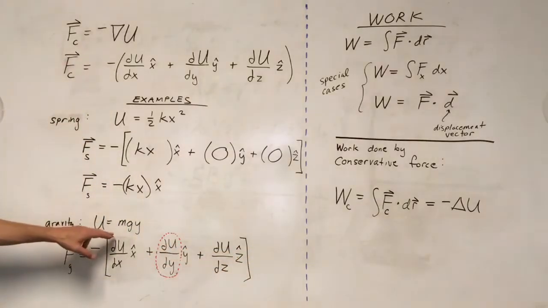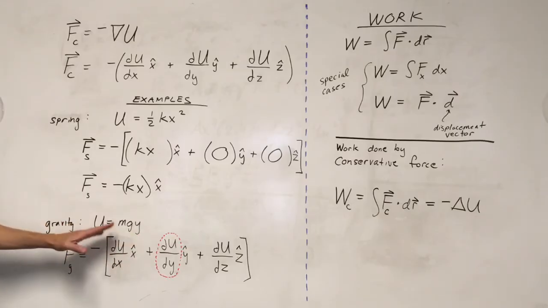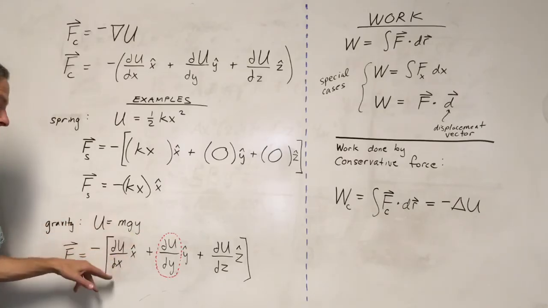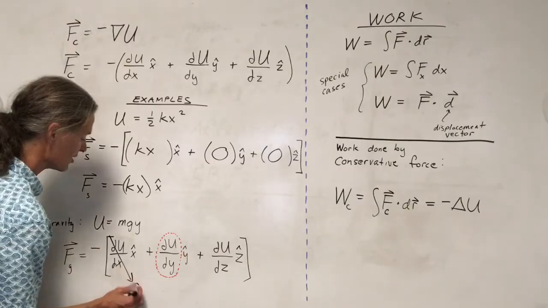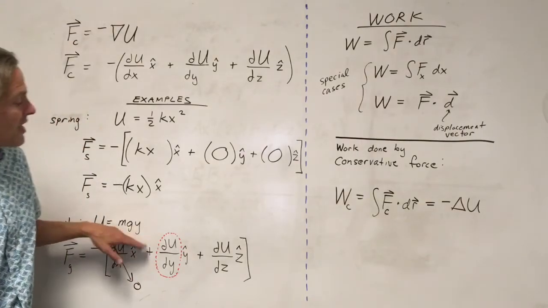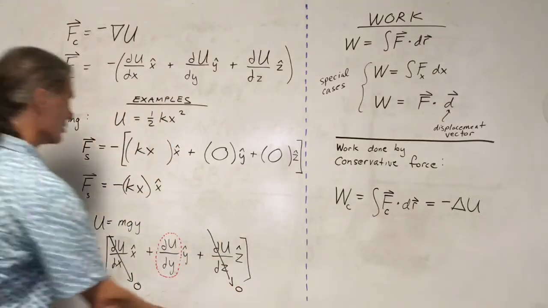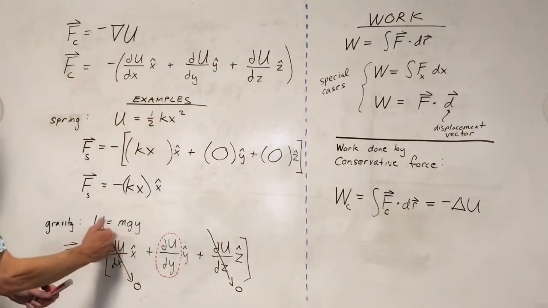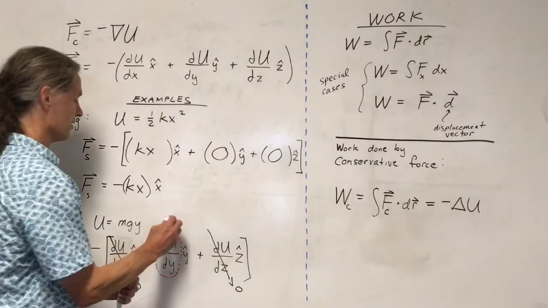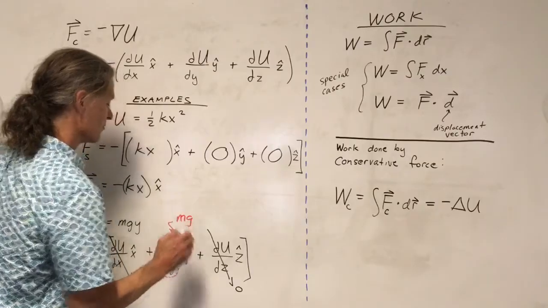So now, mgy. The partial derivative of that with respect to x is 0. Partial derivative of this thing with respect to z is also 0. And then finally, partial derivative of this with respect to y is just mg.